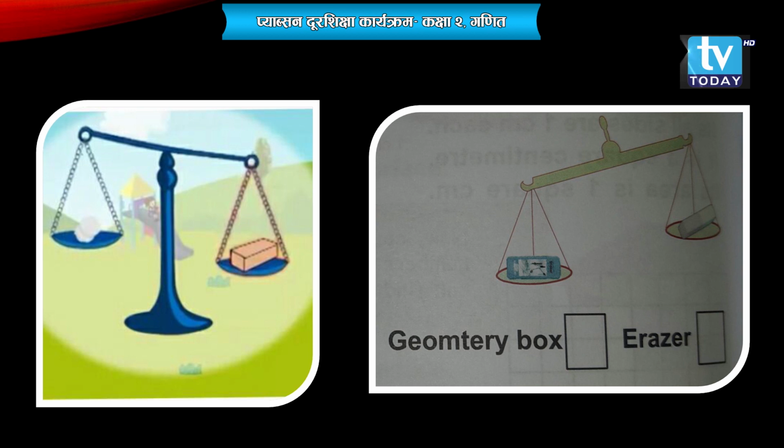Done? Okay. In this way also, by weighing, by measuring the heavier object and the light object, we can easily identify the weight of the given objects. Right? The first question we have solved.